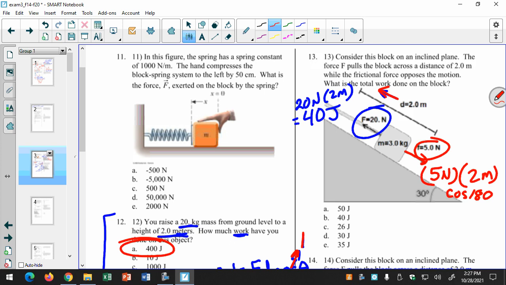I always think of the frictional force. The frictional force always opposes the direction of motion. The frictional force always does negative work. That means that it's taking energy away from the object. So this is equal to negative 10 joules. 40 joules, negative 10 joules, then the answer would be 30 joules.